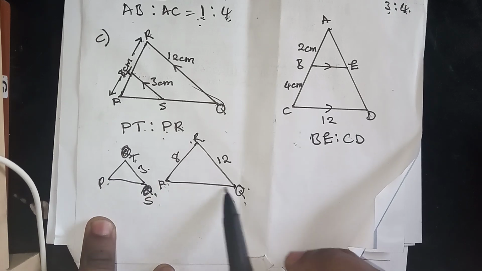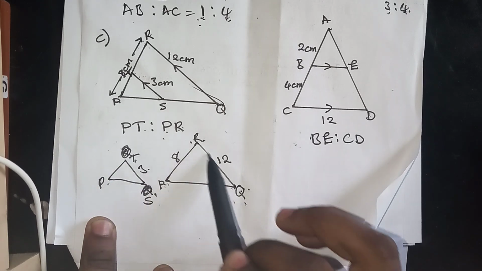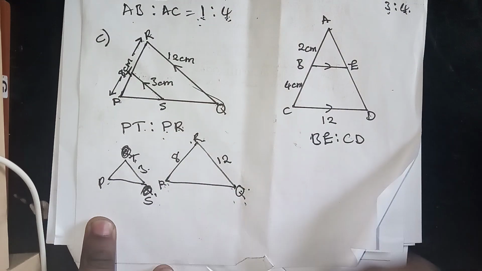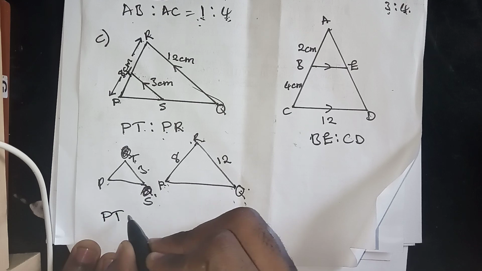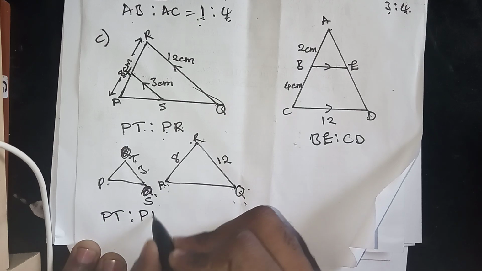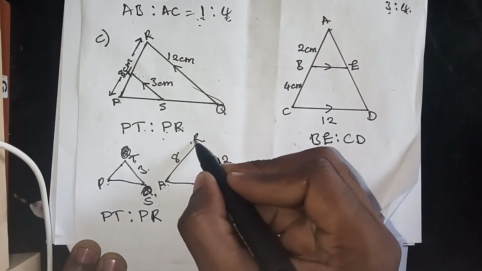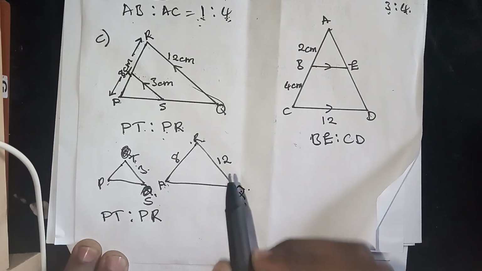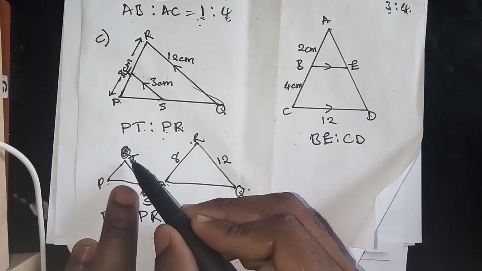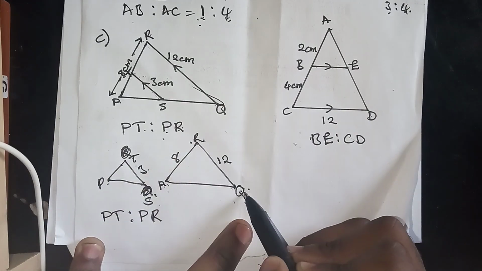This is the smaller version of this. This is the smaller version of this, and this is the smaller version of that. So to find the ratio of PT to PR, we can just pick any of the corresponding sides which have numbers on them. So we have TS to RQ there.